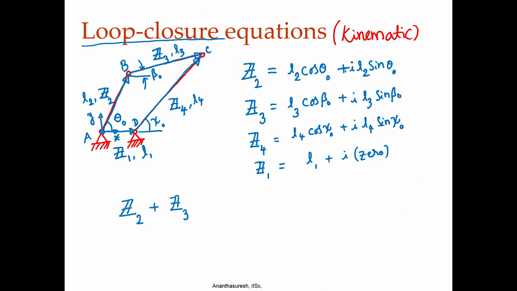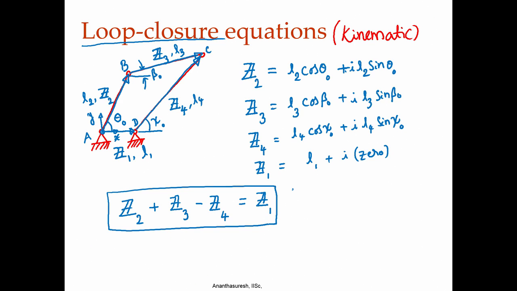I am moving from C to D, that will become minus Z4, and that will be equal to Z1, or Z2 plus Z3 minus Z4 minus Z1 equal to 0. We are closing the loop. That I am going from A to B, B to C, C to D. I could have moved from A to D directly, that would be Z1. So, this is our loop closure equation. So, we are simply closing the loop. This is the loop closure equation.